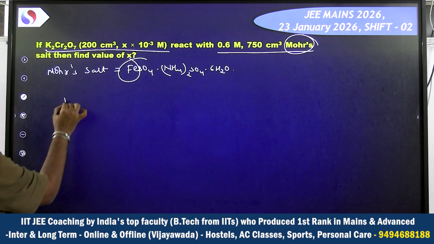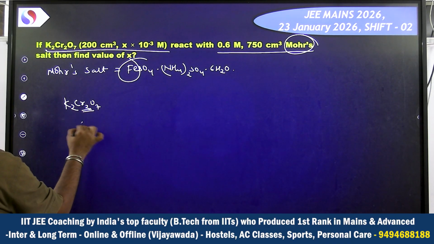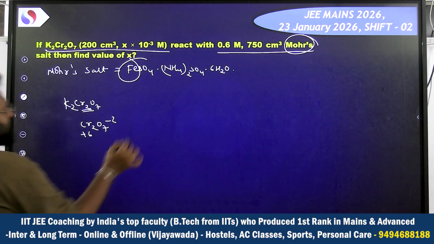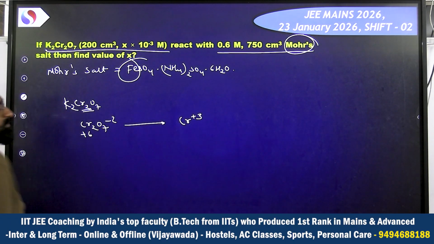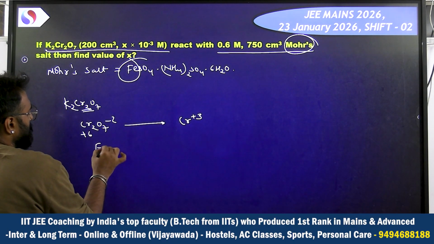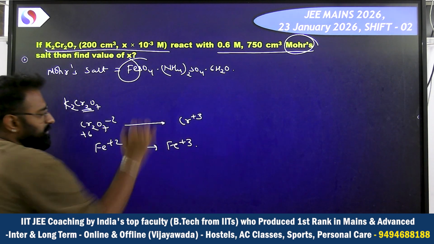So what will be the reaction? In K2Cr2O7, Cr2O7 2 minus, Cr has plus 6 oxidation state, which always converts into plus 3 oxidation state, correct? And iron is plus 2, it always converts into plus 3.